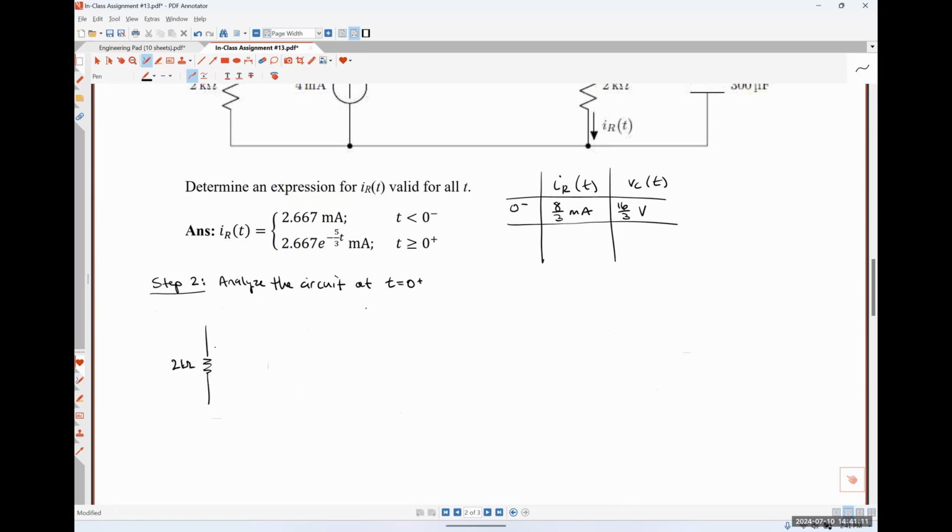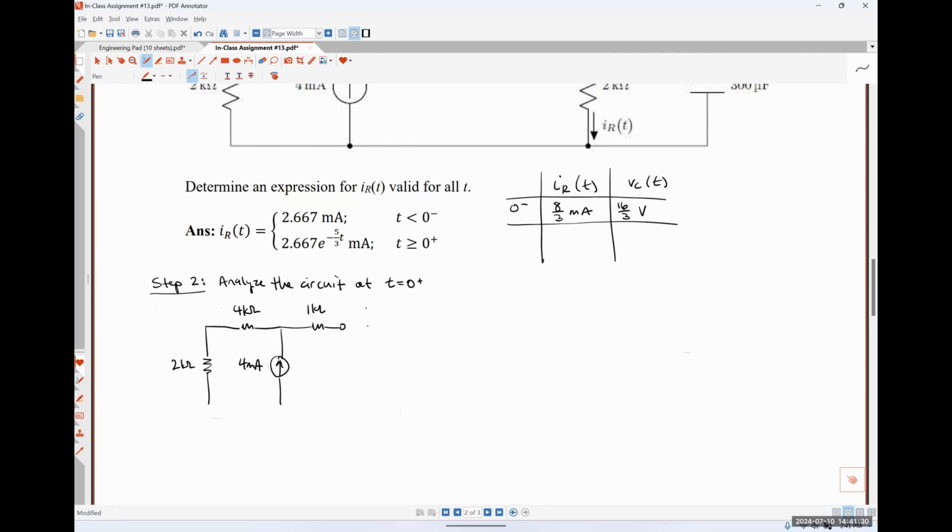Here's our 2 kilo ohm resistor, our 4 kilo ohm resistor, our 4 milliamp current source, our 1 kilo ohm resistor.